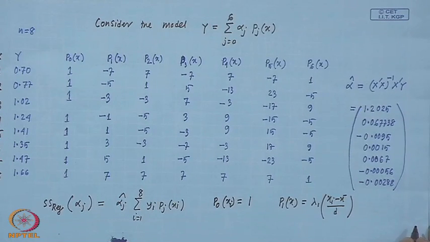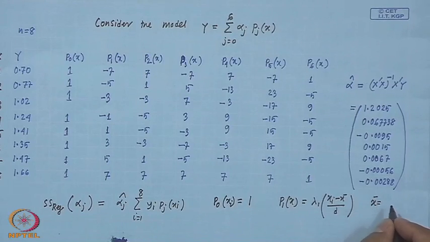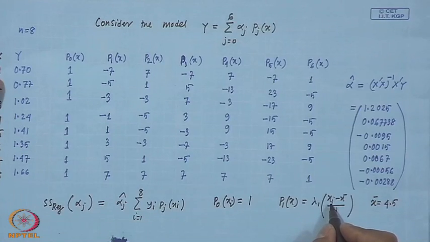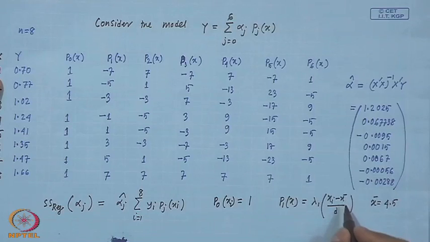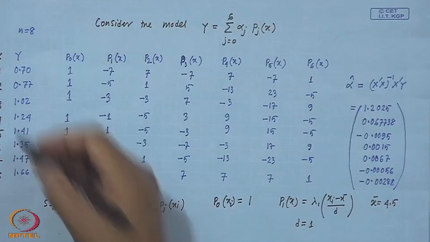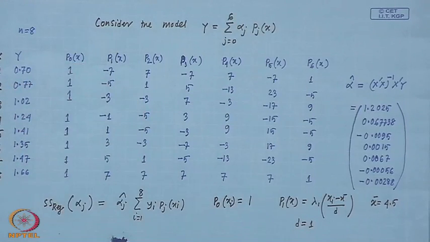Here x bar is the average of these values, which is 4.5. If you compute for x 1, that is equal to 1, so 1 minus 4.5 is minus 3.5, and here d is equal to 1, because the space between two values is 1.